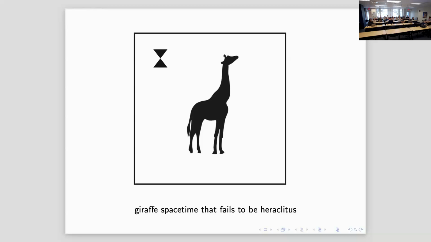You give me any two distinct points in this spacetime, here and here, say, there's going to be an isometry, a local isometry from one point to the other. So it's almost maximally not Heraclitus. It's like all you can do is just step into the same river again and again and again.